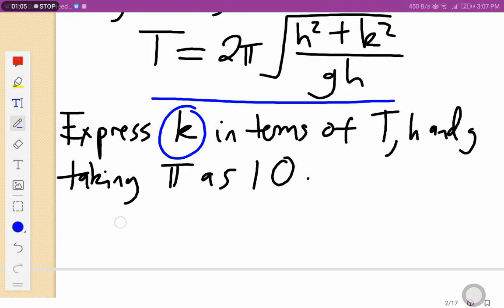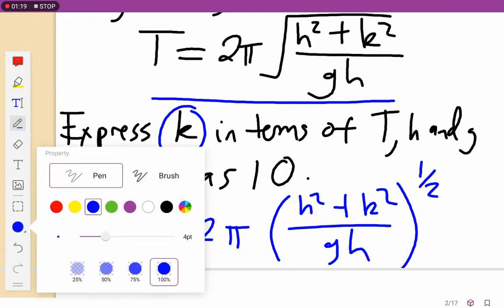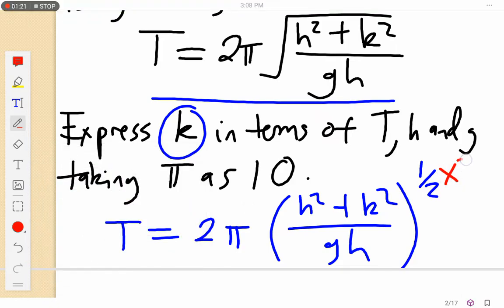Because T is equal to 2 pi square root, and our square root of h squared plus k squared over gh is the same as to the power of half. So to remove the half, we multiply by 2 over 1 here. So we are going to multiply everything by 2 over 1.